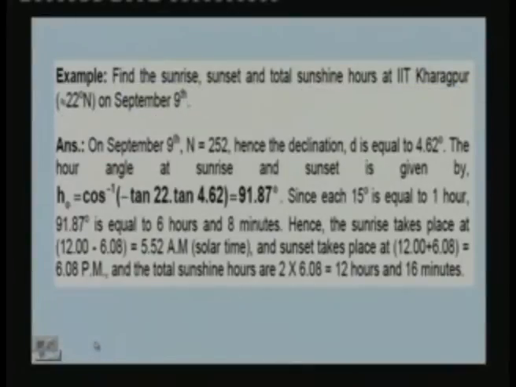So, as you can see from this expression, H naught is cos inverse of minus tan L into tan D. We have to find out the latitude and the declination. Latitude is given as 22 degrees. I have to find out the declination on this particular day, September 9th, so I need to know the number of the day.